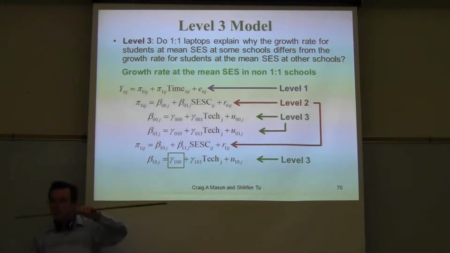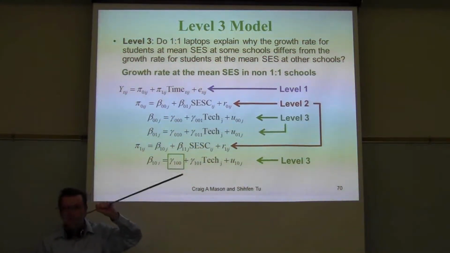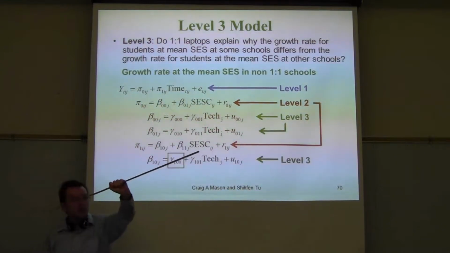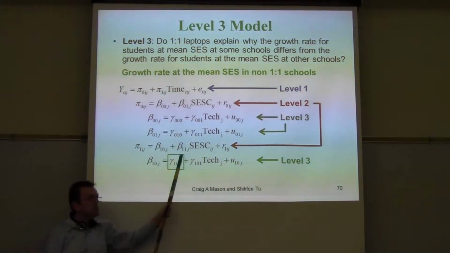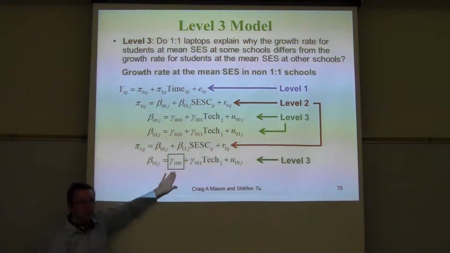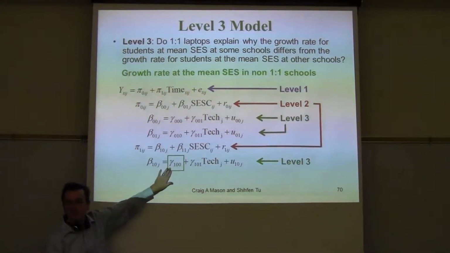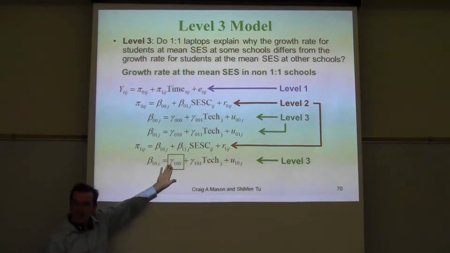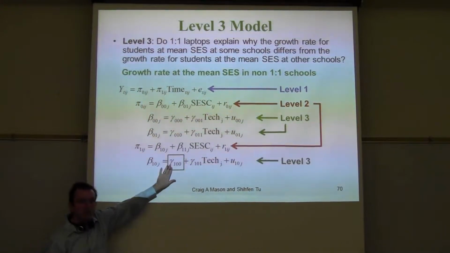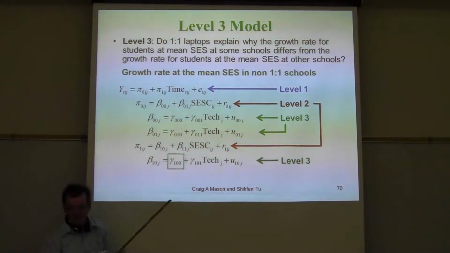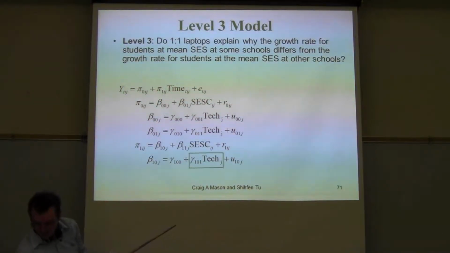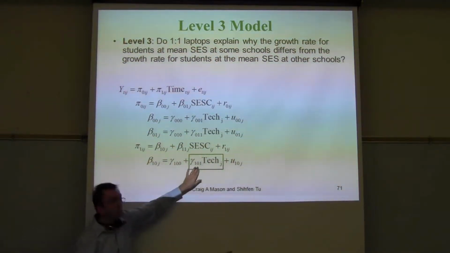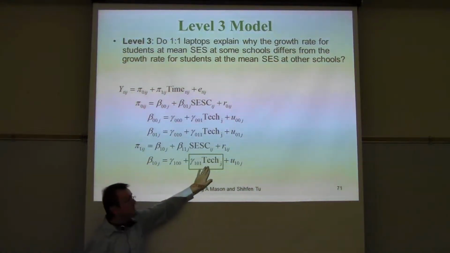So for those non-laptop schools, here's that average growth rate that we saw. A nice, beautiful number. That's that average growth rate for average kids in non-laptop schools. Hot dog. Then gamma 101, that's that tech effect.